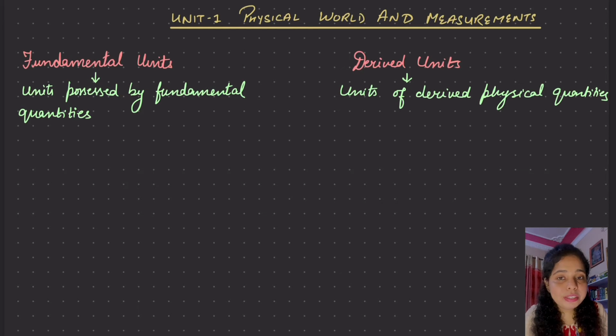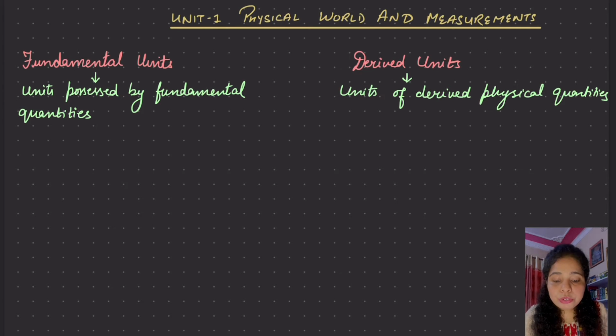Similarly, we have various derived quantities like force, work, pressure, energy, acceleration, velocity. The units possessed by these derived physical quantities are called derived units.